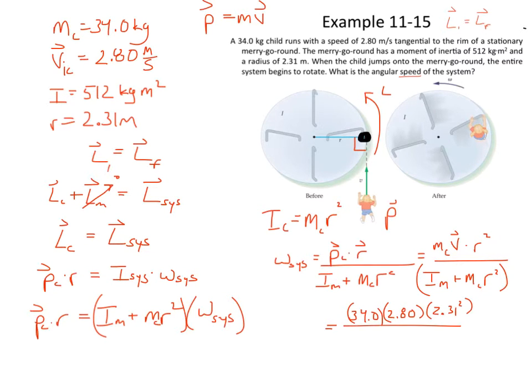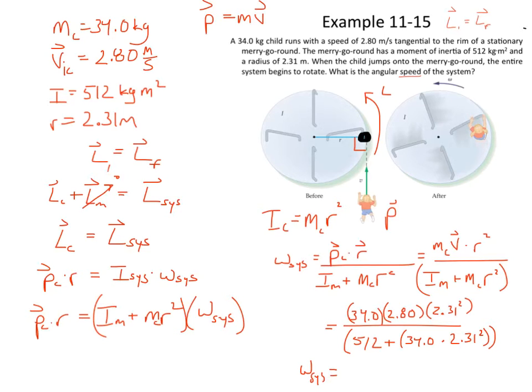We're going to divide that all by the sum of the moment of inertia of the merry-go-round, which we are told is 512, plus the mass of the child times the radius that the child is from the center of the merry-go-round squared, right? So that is going to be an extra little set of brackets in there. Mass of the child is 34.0 times the radius 2.31 squared. There we go. I think we have a complete equation now.